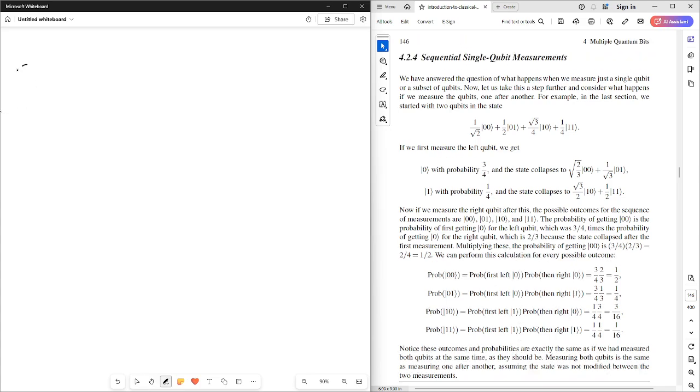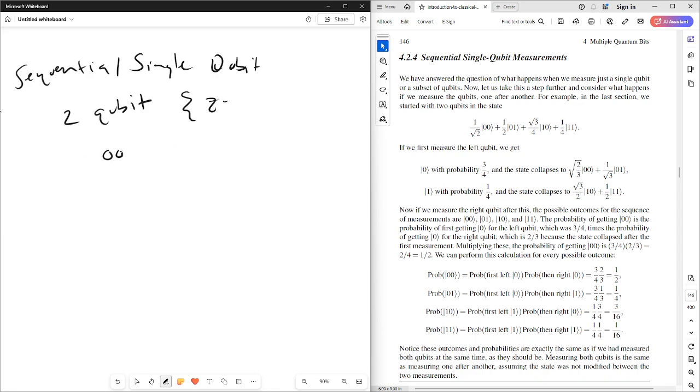So sequential single qubit. Well, we already know what happens when we measure. We've got this 2-qubit system. We measure, let's say it's in the Z basis, so 0 and 1. We have those 4 different combinations with various amplitudes.